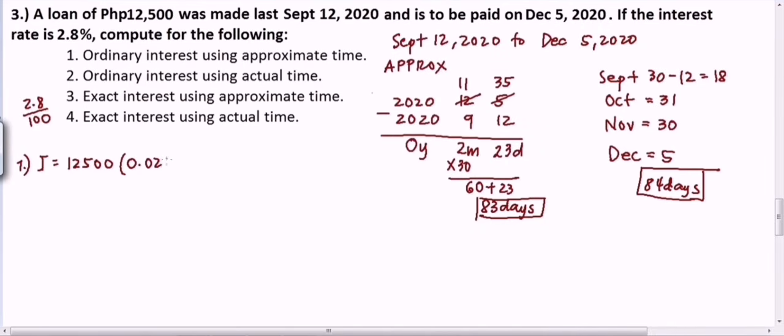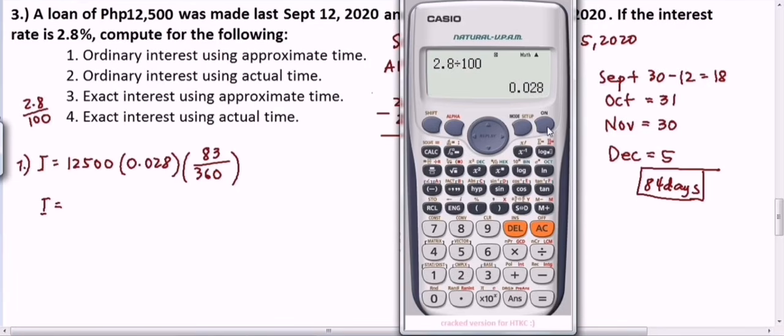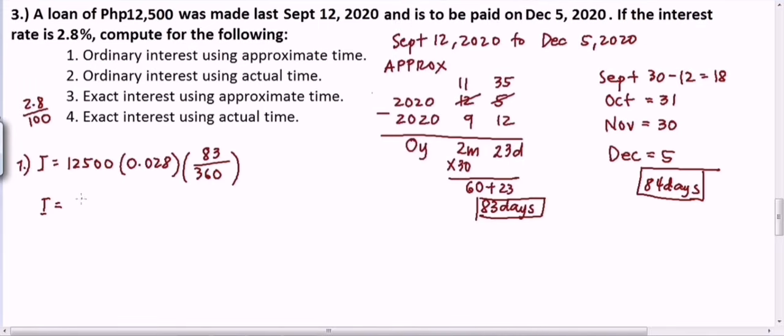So, 0.028 times, ordinary interest using approximate time, so, over 360, and then approximate time na na-compute is 83. Okay? So, dire-diretso lang sa calcu, 12,500 times 0.028 times 83 divided by 360. So, the answer is 80.69. So, 80.69 pesos yung interest.